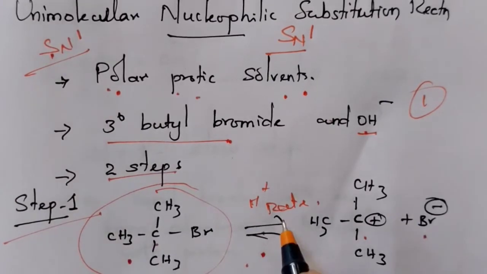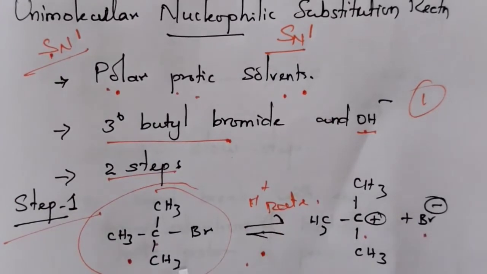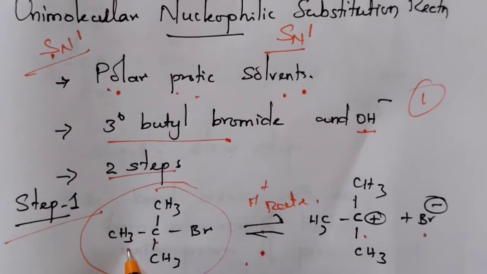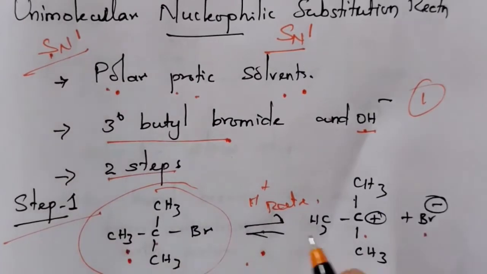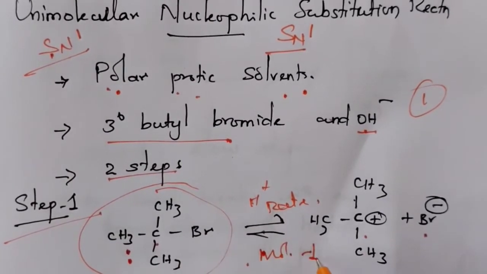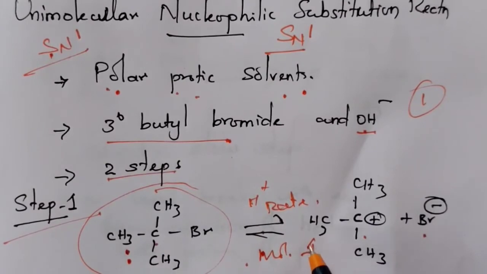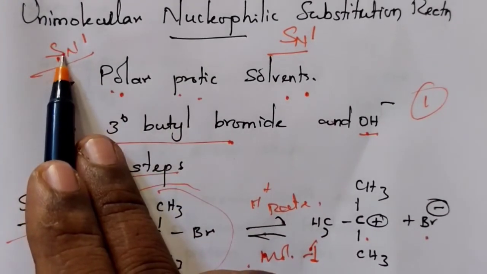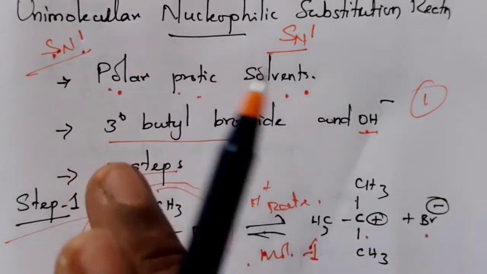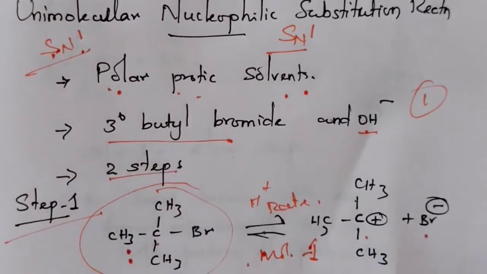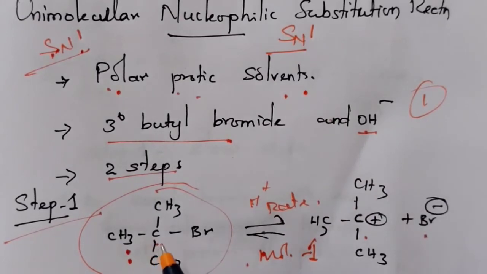That means the rate of the reaction depends on the concentration of the substrate alone. Therefore, the molecularity of the reaction is 1. Hence, this reaction is called an SN1 reaction. So, this 1 indicates the molecularity of the reaction is 1. Since the rate of the reaction depends on the concentration of alkyl halide, it follows first order kinetics.